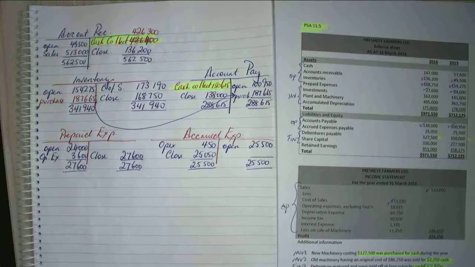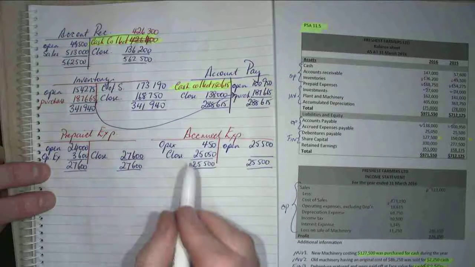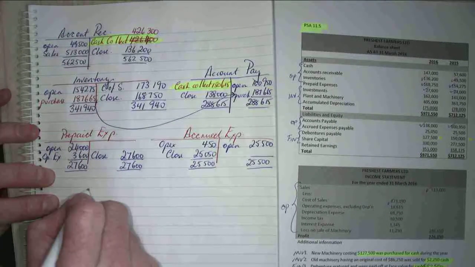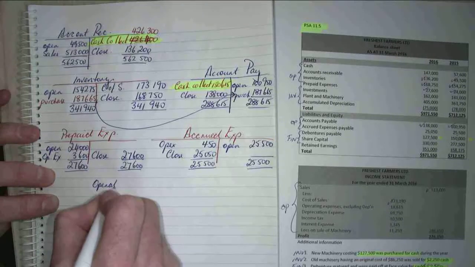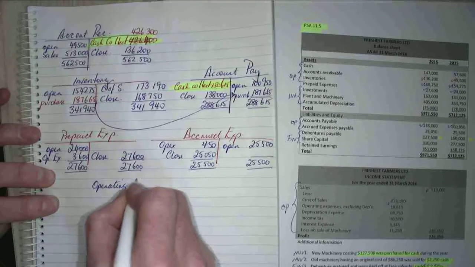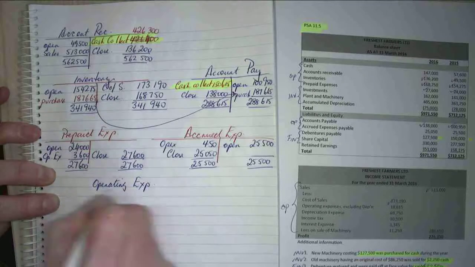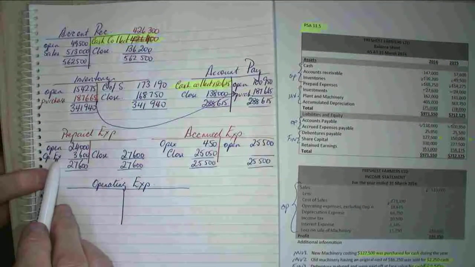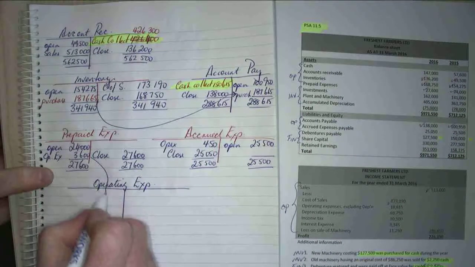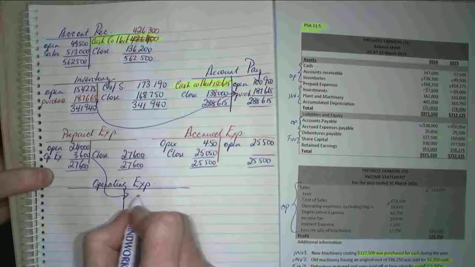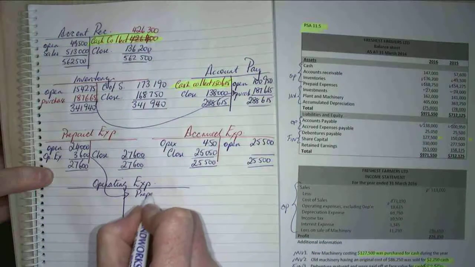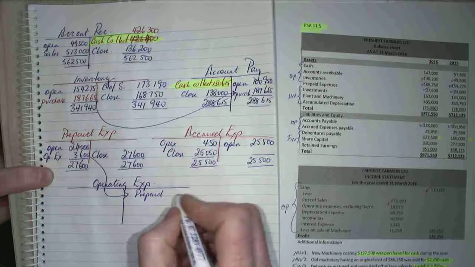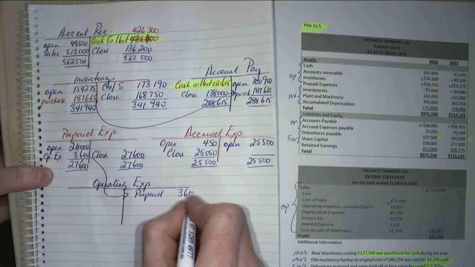Now the last piece I need of this puzzle, so my operating expenses is actually my operating expenses. Now because I've got a debit over this side, it becomes a credit over this side. So I've got my prepaid here of 3,600.